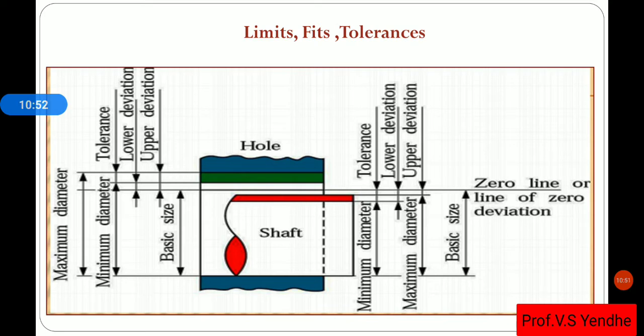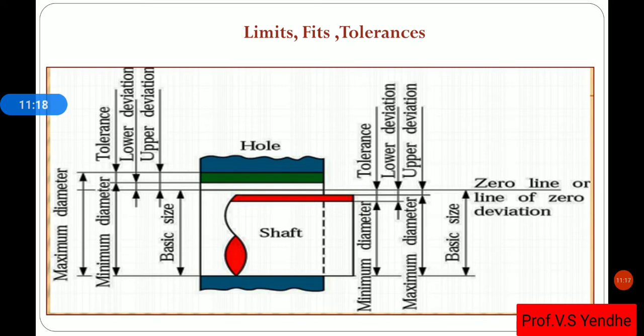Then there are two types of limits: maximum limit, that is the upper limit, and minimum limit, the lower limit. Then what is exactly the maximum limit? As we have seen, the maximum diameter shown in the diagram is the maximum limit.